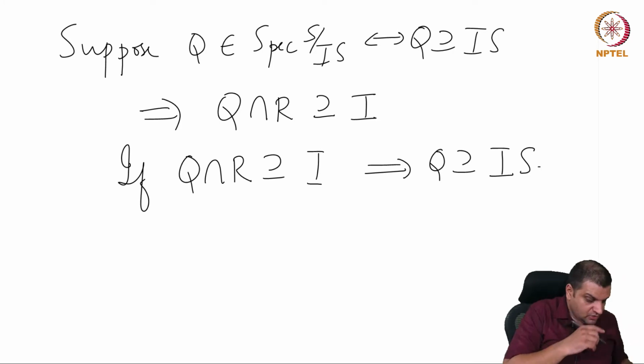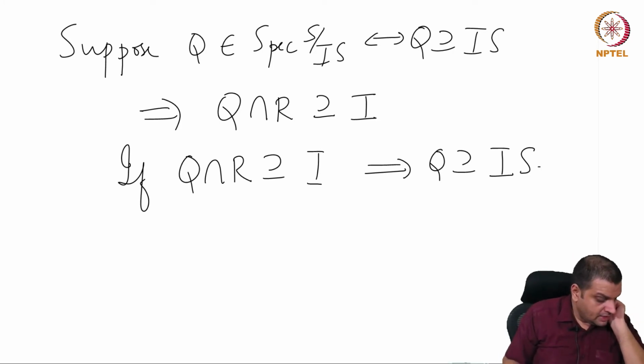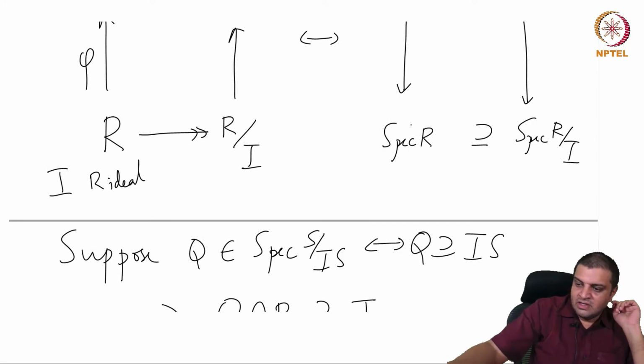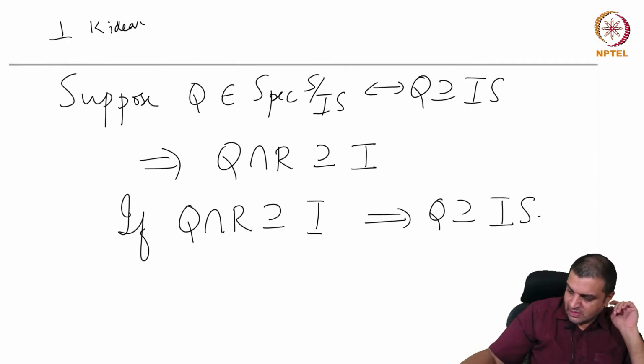Now we would like to understand what is called the fiber over a point in spec R. This explanation with I itself was just to justify that this diagram with 4 arrows is correct.